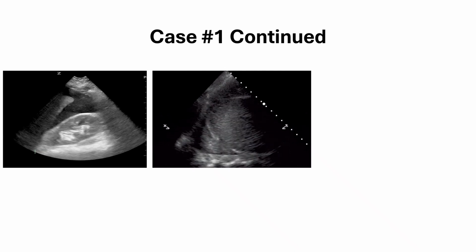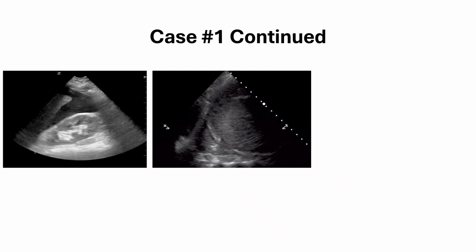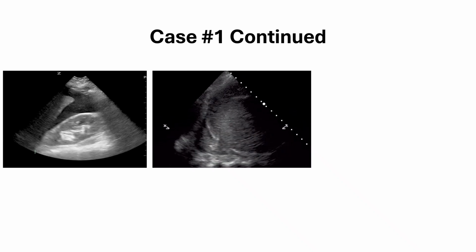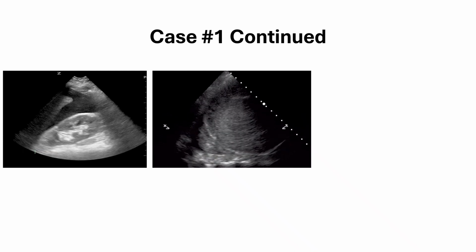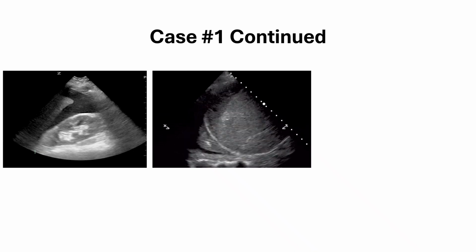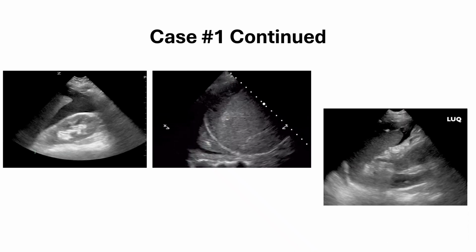You also see the spine above the diaphragm, which is not a normal finding, because you're not supposed to see the spine above the diaphragm under normal circumstances, because air doesn't really let the ultrasound beam penetrate that deep. But again, because the lung is collapsed, whether because of a pneumonia, infection, or pleural fluid, like in this case, you can see the spine, which is called the spine sign.